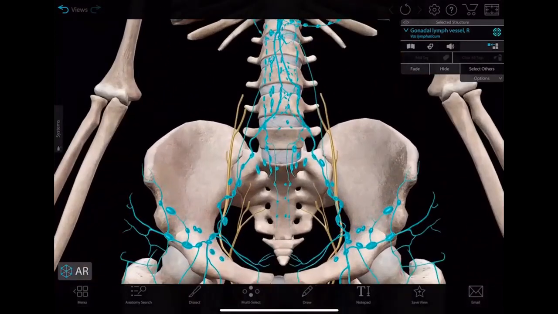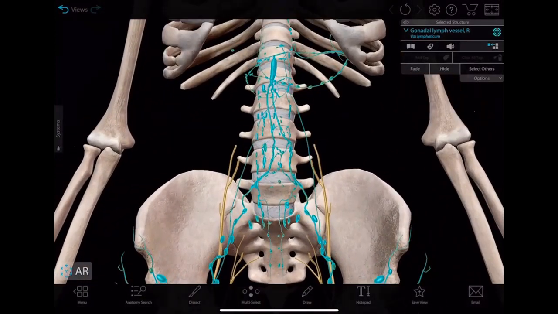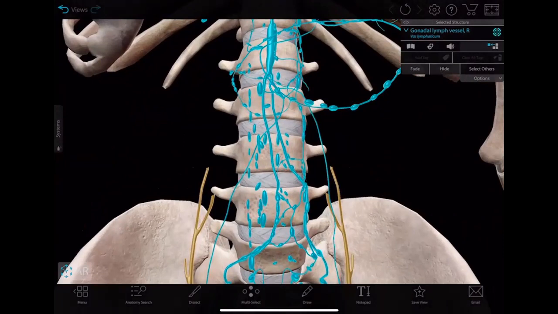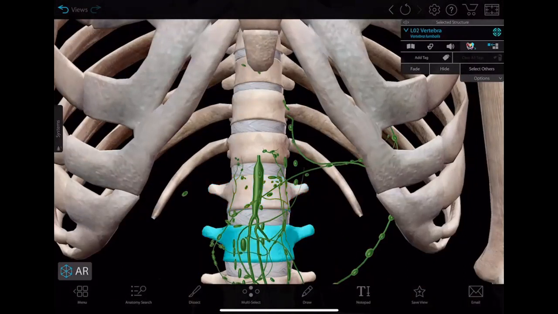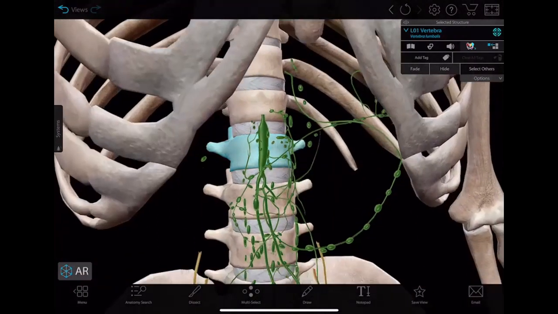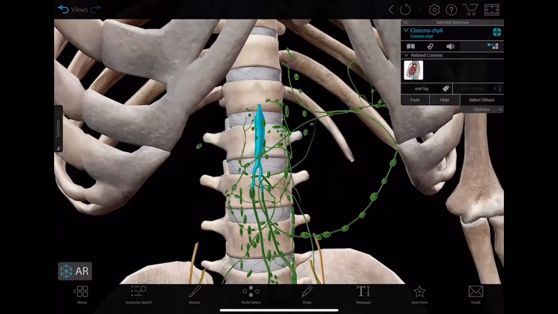So this is L1, this is L2. And that selected structure is the cisterna chyli.